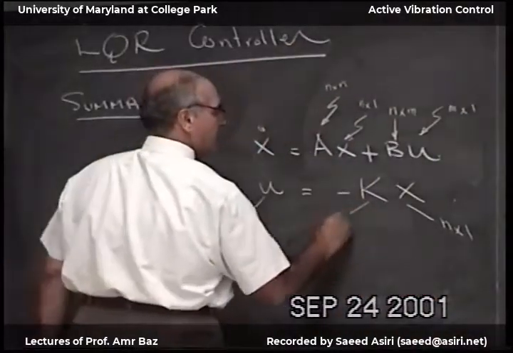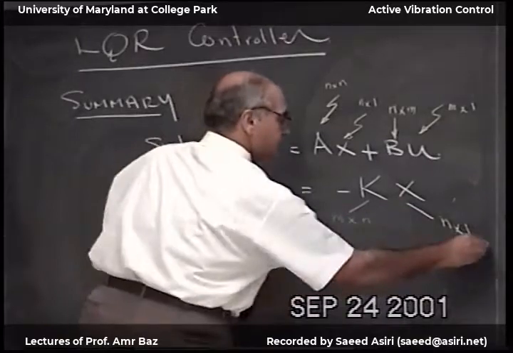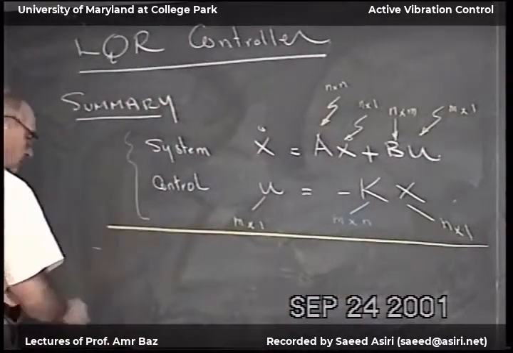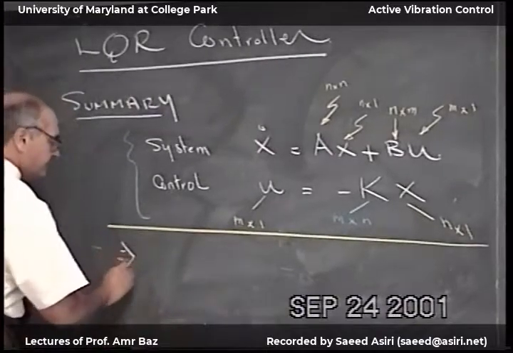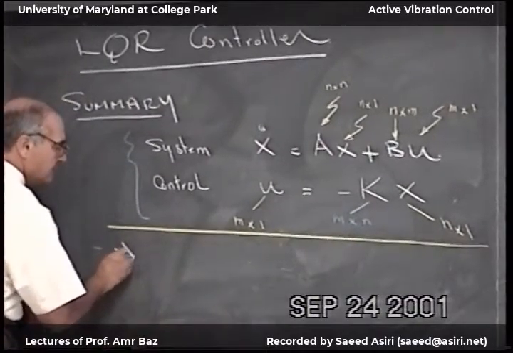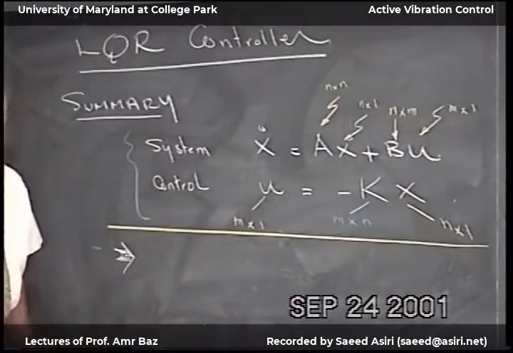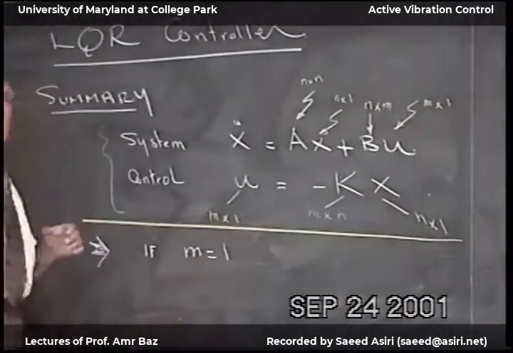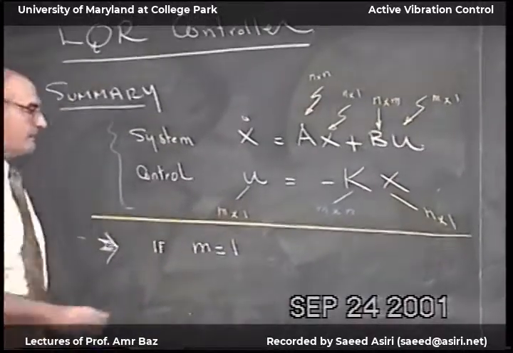K will be m by n. And we said if the number of actuators is equal to 1, then we have a deterministic route.